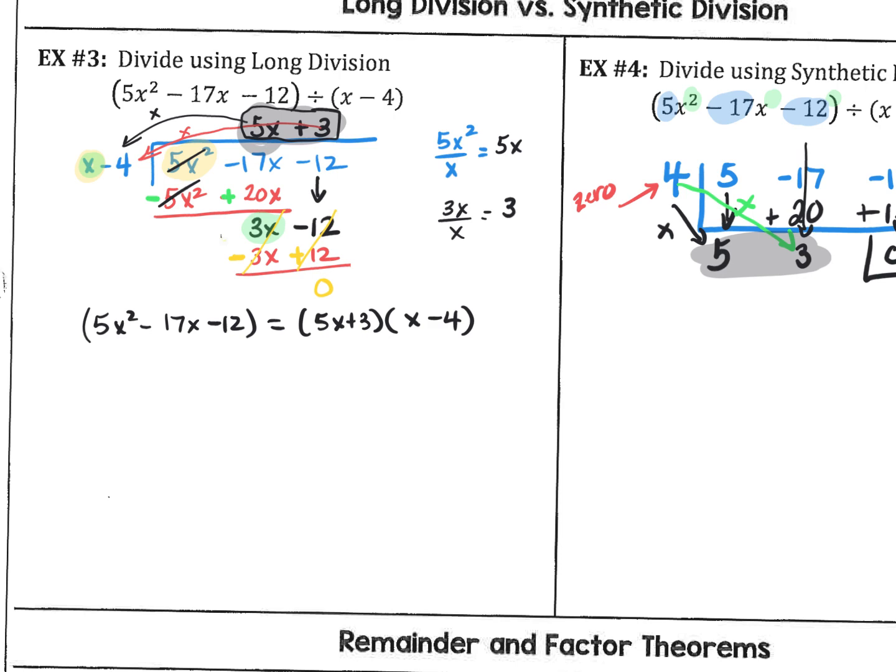So what's 1 degree below x squared? x. This is what we call, weirdly enough, a depressed polynomial. Not like you're going to jump off the roof, but depressed meaning down a degree. So that becomes 5x plus 3. Boom!